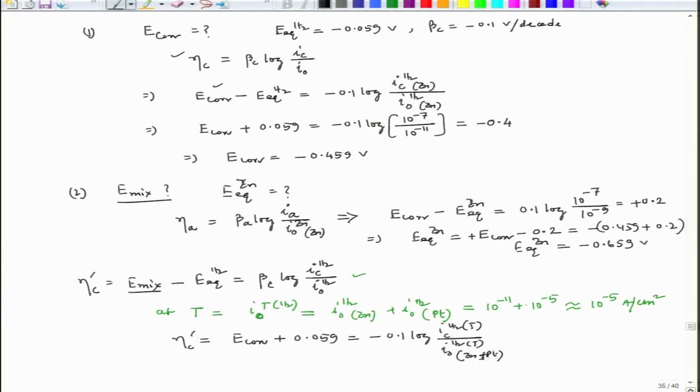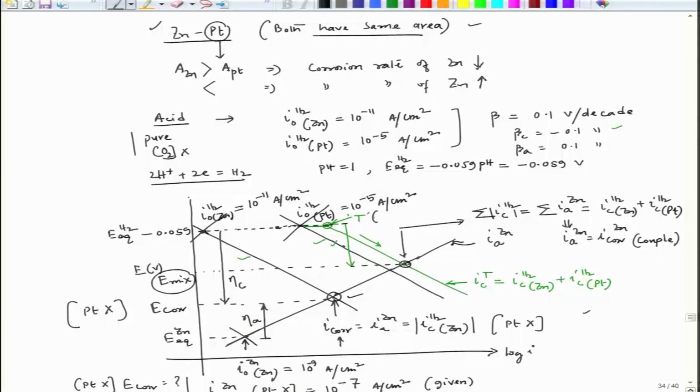I am just adding a plus sign here to indicate that this is the total value of the exchange current density. So, the T point is nothing but IC hydrogen, and the way we denote I0 hydrogen, T means total.